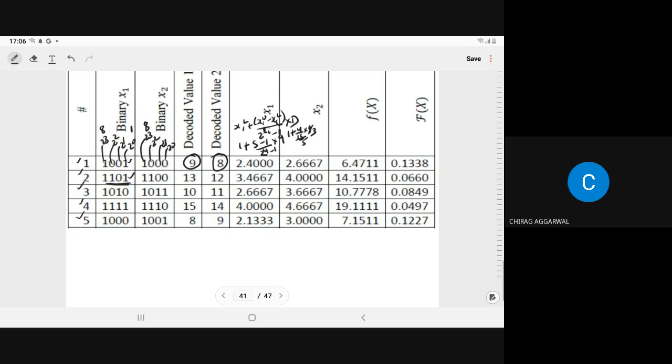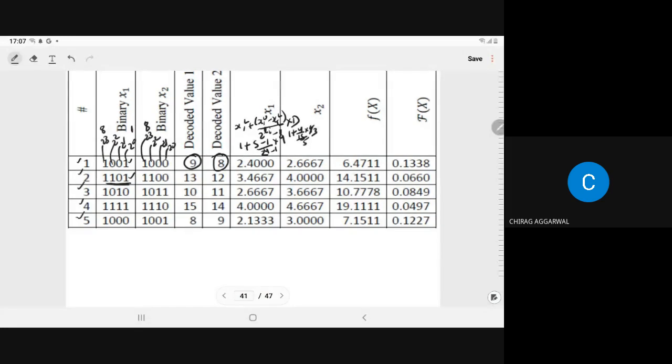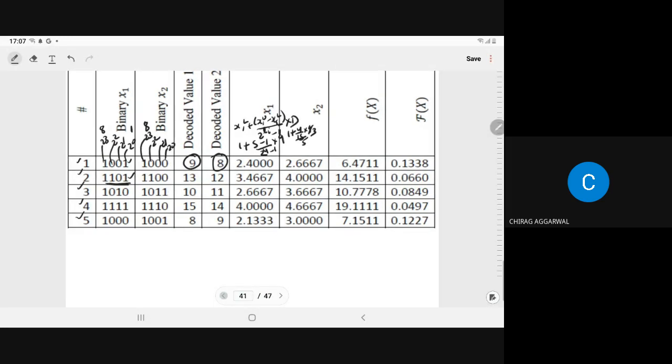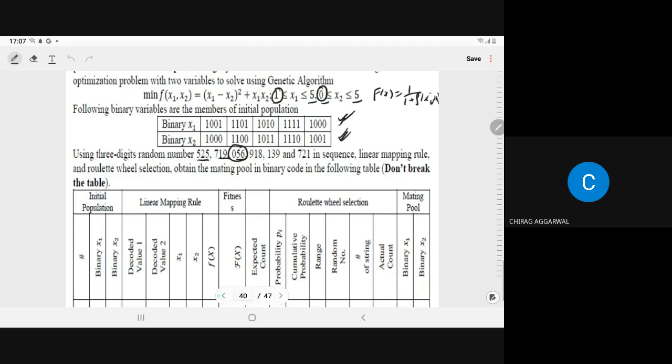I think it is coming 3.4, no? So I think in the solution we have some mistake. In this case, we have either both as 0 comma 5.